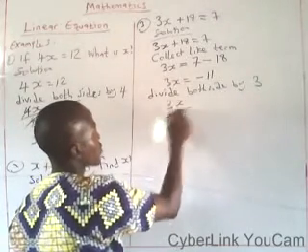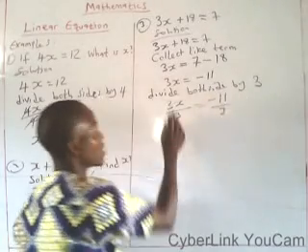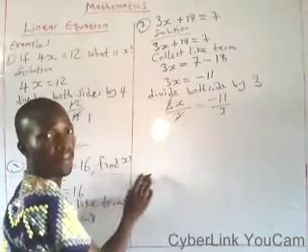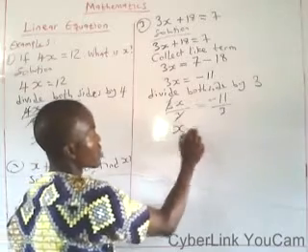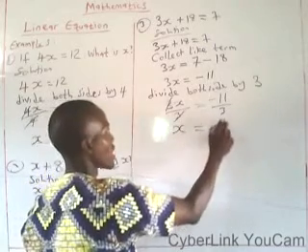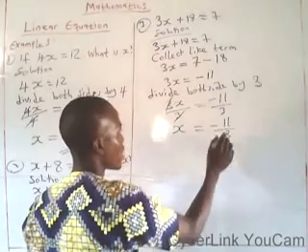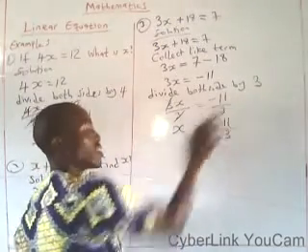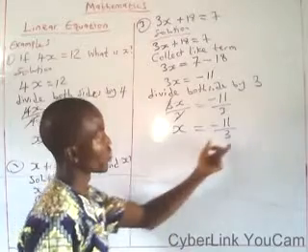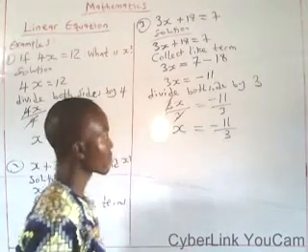You now have 3x all over 3 is equal to minus 11 over 3. 3 will cancel 3. At this particular side, we are left with x is equal to minus 11 all over 3. Then I ask you, what type of fraction is this? When you have the numerator being bigger than what? Denominator. That means this is what? Improper fraction.